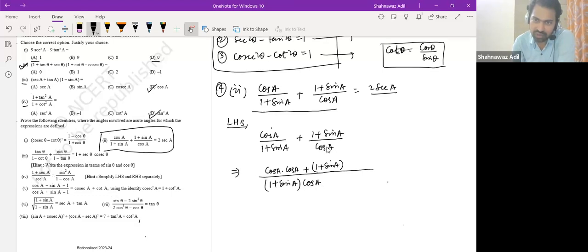So this is the factor, right? Just like the LCM that we do. So in here we will have this 1 plus sin A. Correct. So this one is cos square A, and then this is 1 plus sin A whole square.